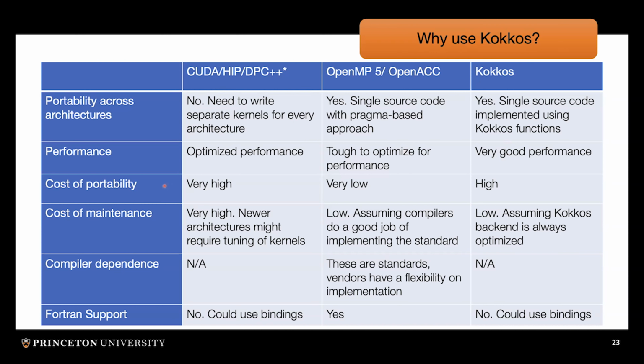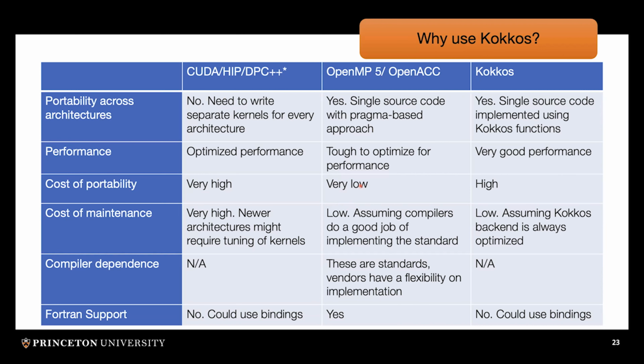If you think about the cost of portability, that is how much time it takes to port a code for a particular architecture. With vendor-specified languages, the cost of portability is very high, because you need to write different kernels for different architectures, obviously. With OpenMP5 and OpenACC, it is very low.